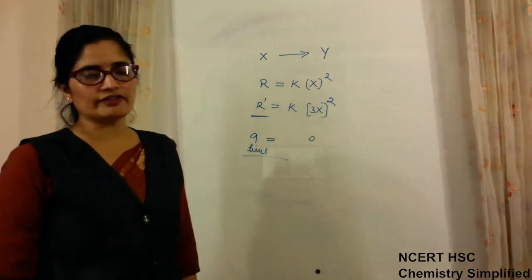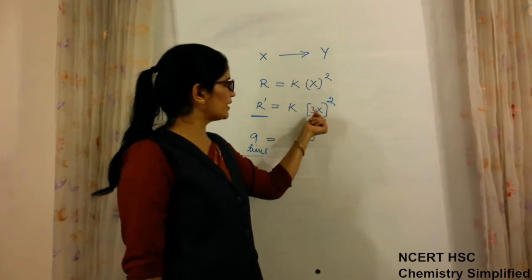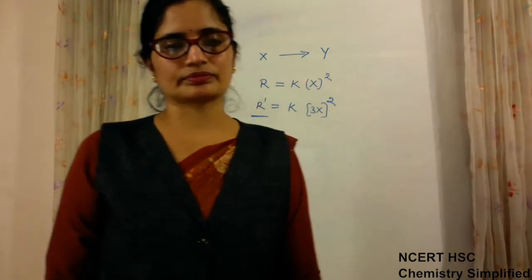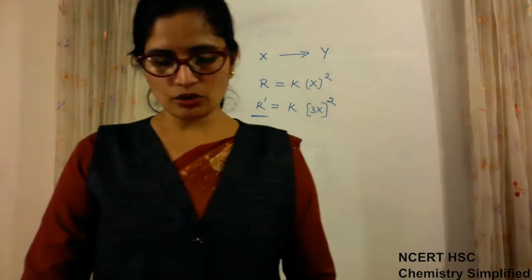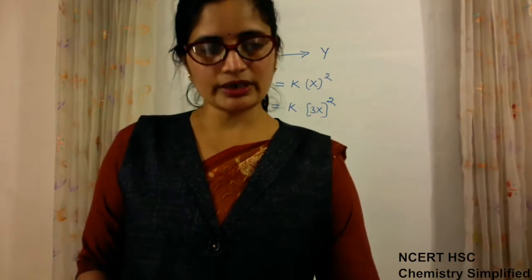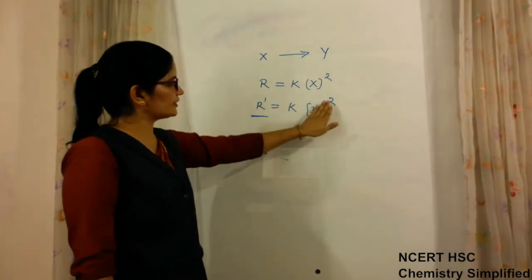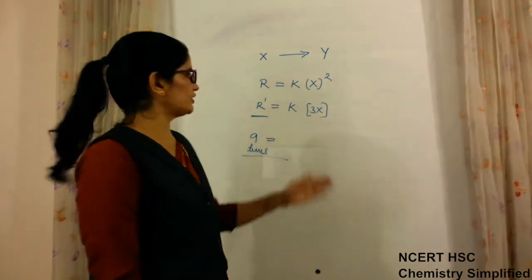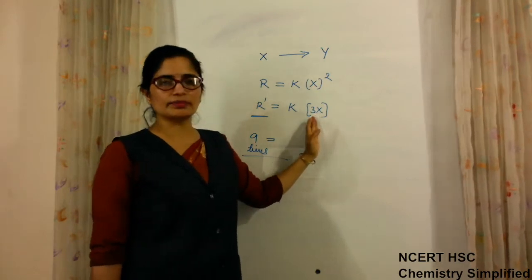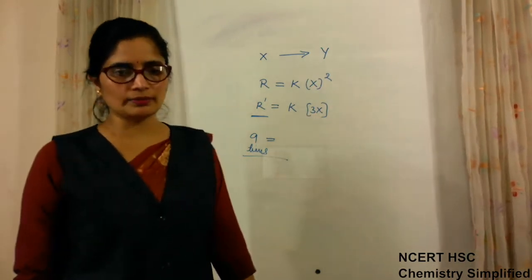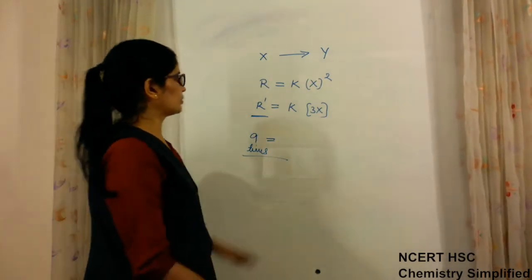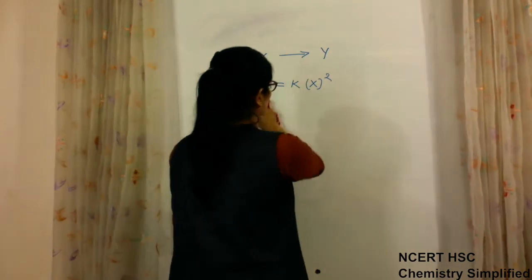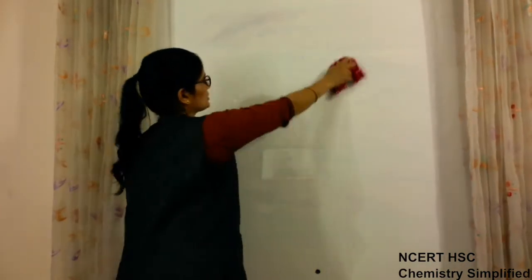So the effect of increasing the concentration of X by 3 times is that the rate will become 9 times. These questions are also simple. If it were first order kinetics, and the concentration of X becomes 3 times, the rate would also become only 3 times because there is no power on this. These are two simple questions.